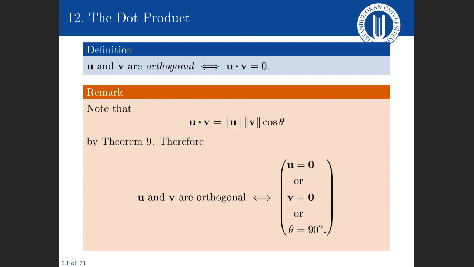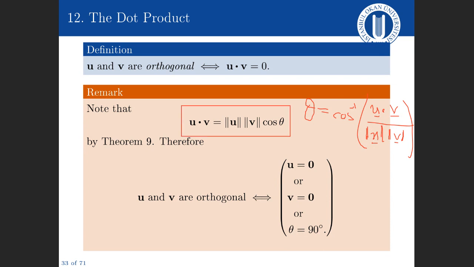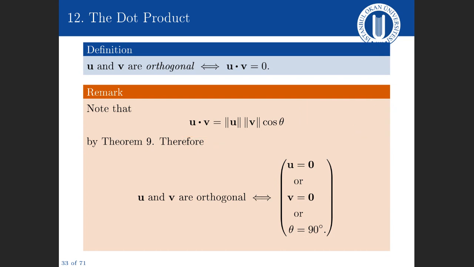The formula for the angle was that theta is equal to inverse cosine of u dot v divided by norm of u, norm of v. If we rearrange this formula, we get the formula u dot v is equal to norm of u, norm of v, cos theta. So that's where this comes from.